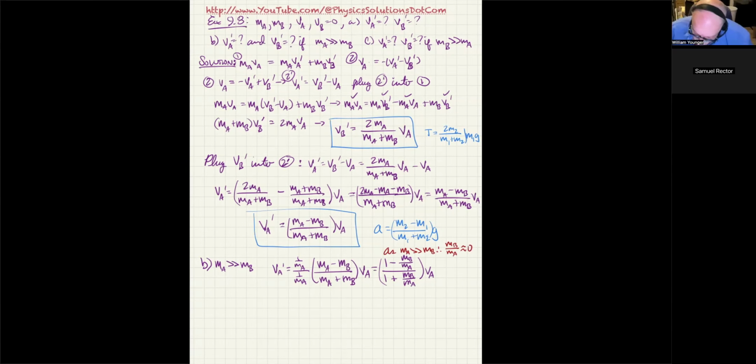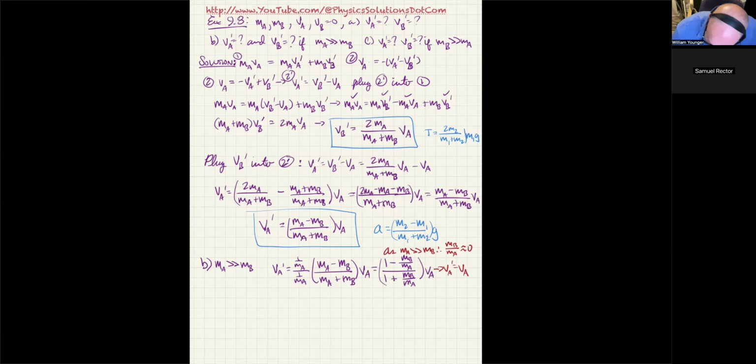So what you see here is that when the initial vehicle, the big vehicle, the Mack truck, is moving at, let's say, 60 miles per hour, and it runs into a Honda Civic or a Prius or something really small like that, or a Honda Fit, for instance, then VA prime is just going to be undeflected.